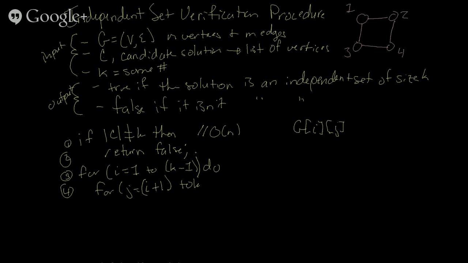So anyway, for j equals I plus 1 to k, and so we have a double loop here, and so this first loop may take O of up to n times, and the second loop you may be also running O of n times. And so this will end up being O of n squared, but let's get to it in a moment.